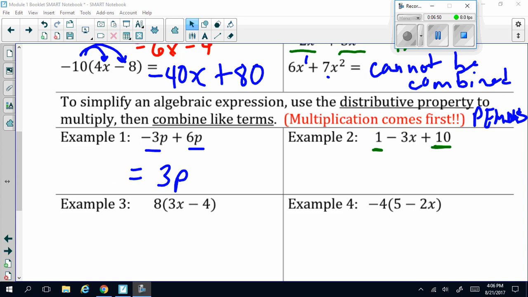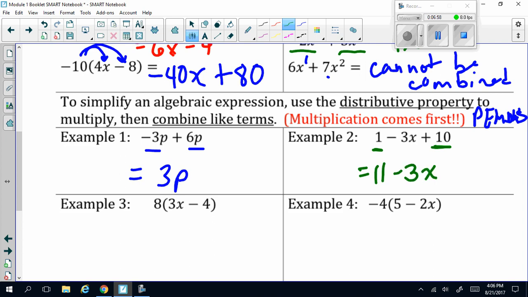So 1 plus 10 is 11. And then minus 3x. There's no other x, so it's just like that. Now in algebra, we usually like our x to come first. So if you did -3x plus 11, that's probably better form, but for now, we'll just leave it right there.